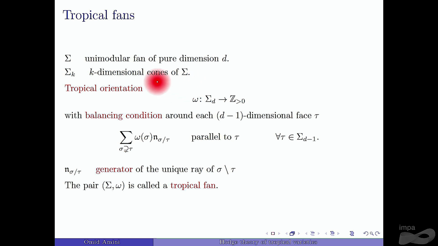So the formal definition, maybe the most important definition in this talk: let sigma be a fan of pure dimension d. I suppose that it is unimodular. This unimodularity is the reflection of the smoothness that I defined here.